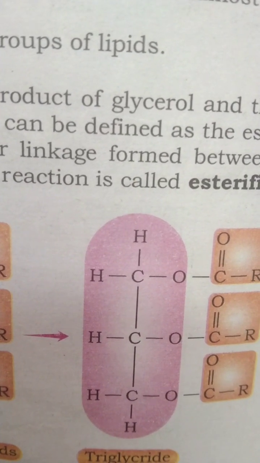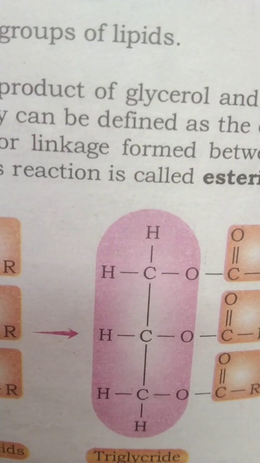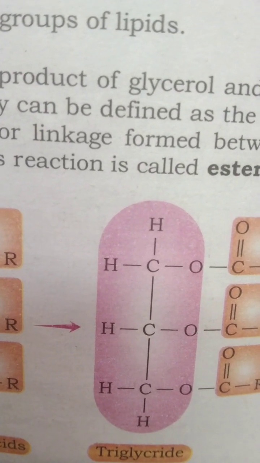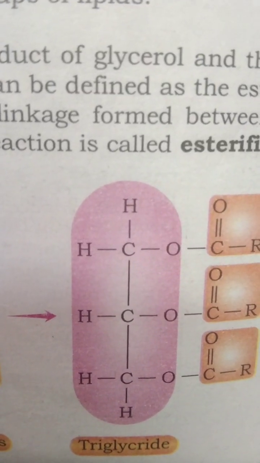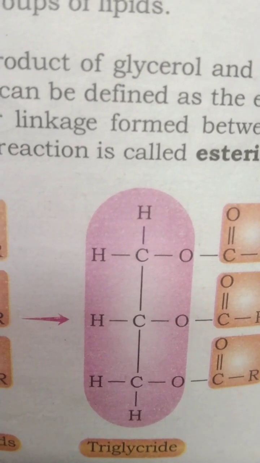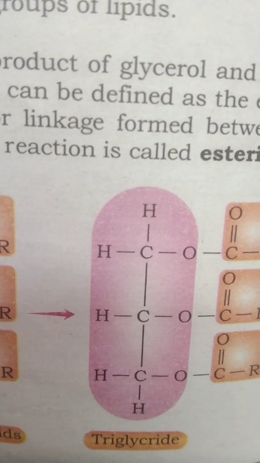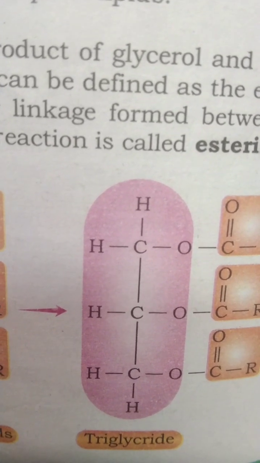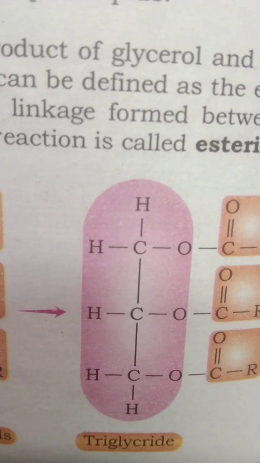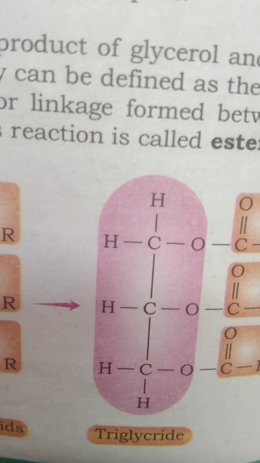Whenever three fatty acids and glycerol combine, they form ester bonds, and you can call it a triglycerol. Triglycerol is neutral in nature. This is a point they mostly ask in MCQs. Triglycerol is neutral because all the OH groups of glycerol are used.